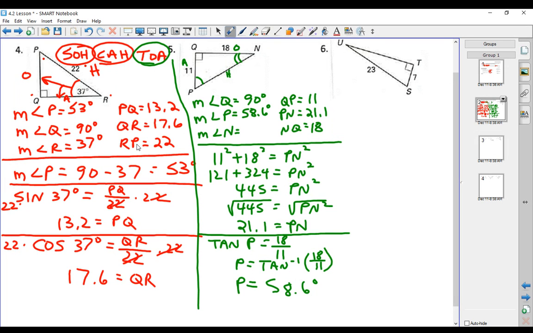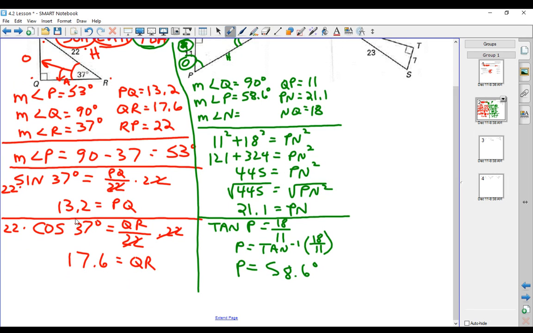And in regards to angle N, we have the adjacent, this is now the opposite side, and this is now the adjacent side. So we have opposite and adjacent again. So once again, we have tangent. So let's go ahead and work that out here.